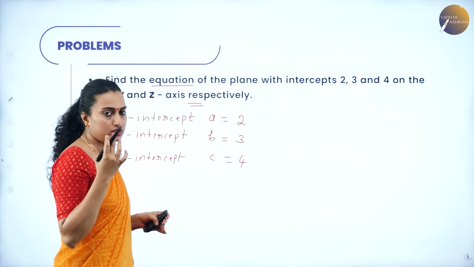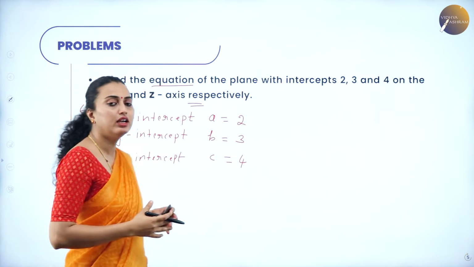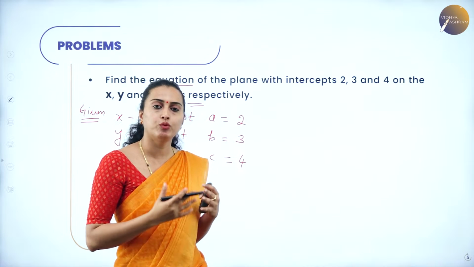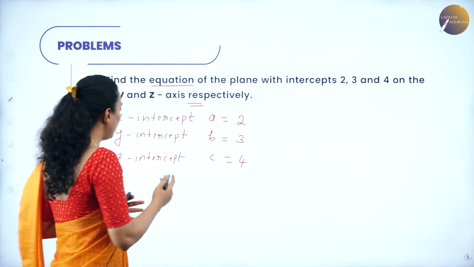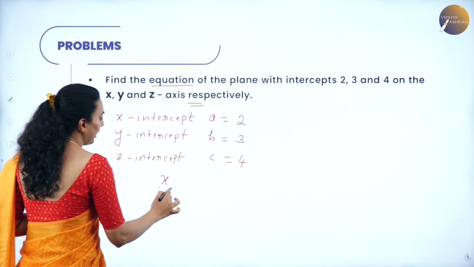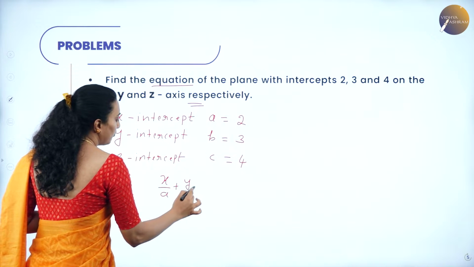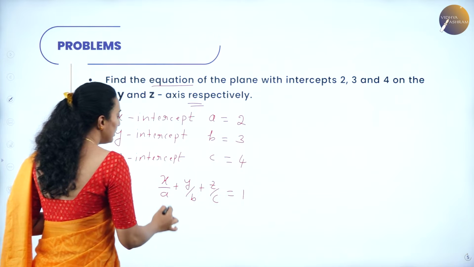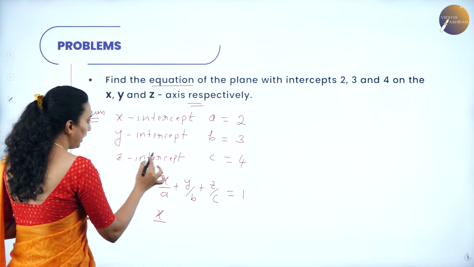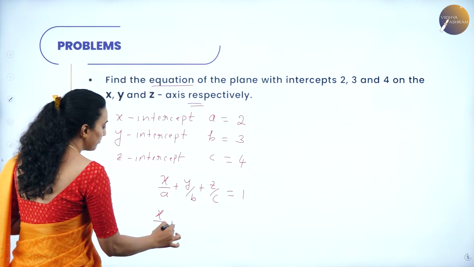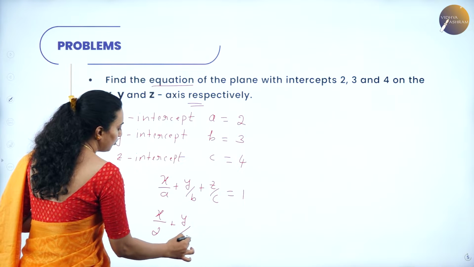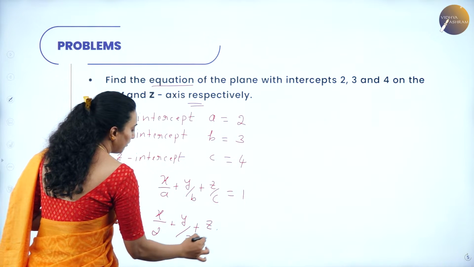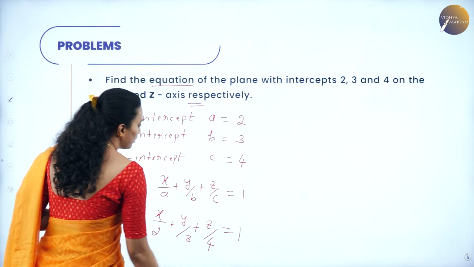Correct? Now, substituting this in the equation of the intercept form. The equation of intercept form is given by x by A plus y by B plus z by C is equal to 1. Substitute: x divided by 2 plus y divided by 3 plus z divided by 4 is equal to 1.